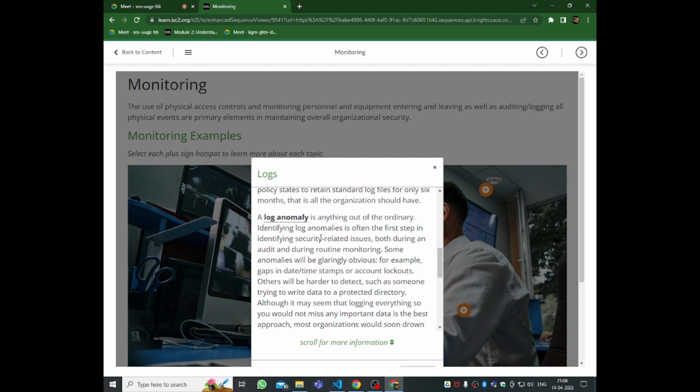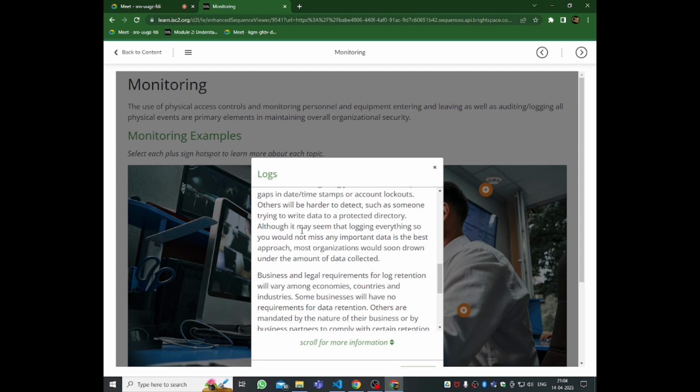Identifying log anomalies is often the first step in identifying security-related issues, both during an audit and during routine monitoring. Some anomalies will be glaringly obvious, for example, gaps in date time stamps or accounts logged out. Others will be harder to detect, such as someone trying to write data to a protected directory.